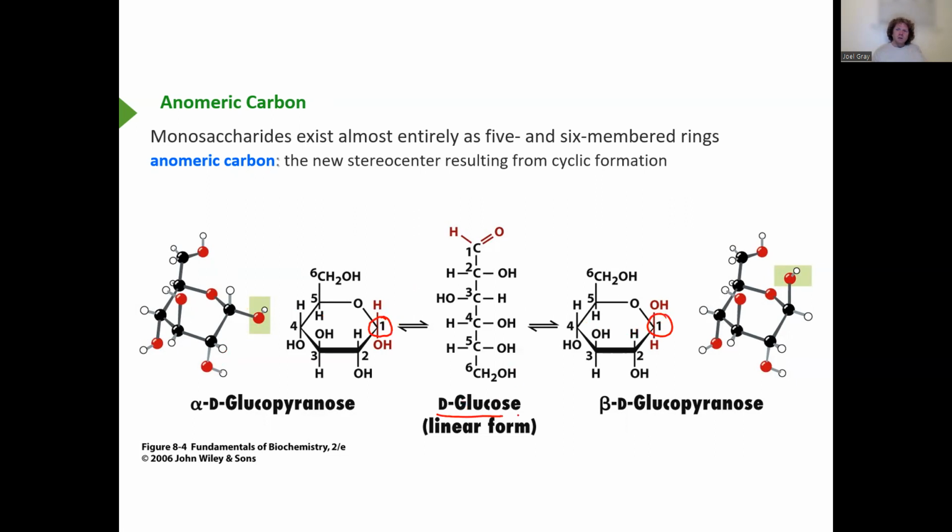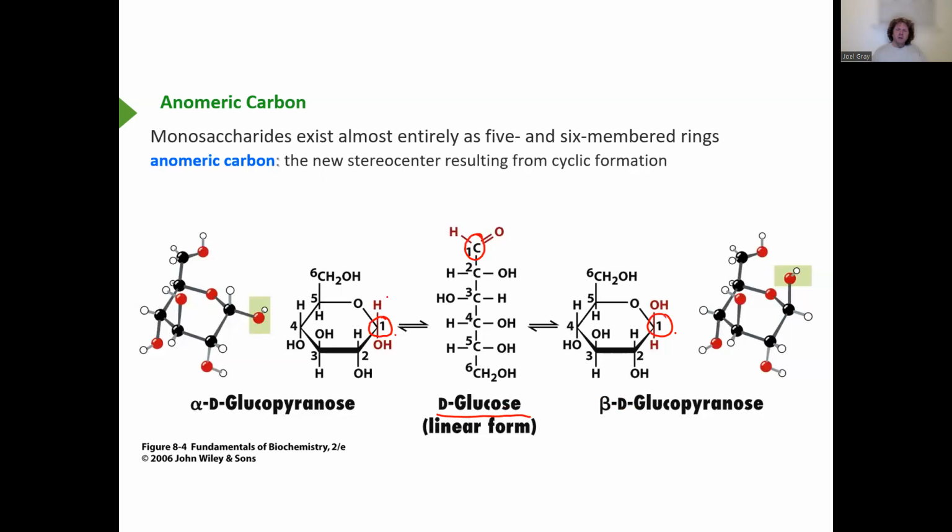So we've got D-glucose, carbon number 1, I've circled it. That carbon number 1 becomes our new chiral center. That new asymmetric center, carbon number 1 and carbon number 1 right here. So they are alpha D-glucopyranose and beta D-glucopyranose.